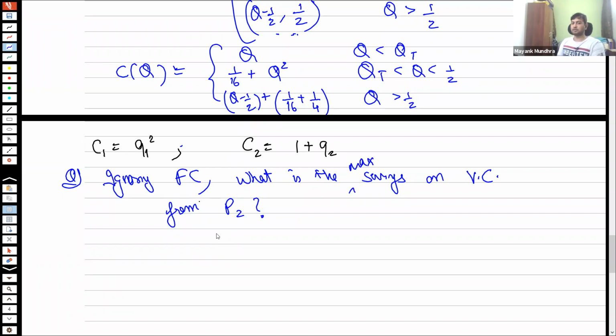What is the maximum savings that you can incur from plant 2? You don't need to solve here, by the way. Just think about it. Think about marginal costs, how they are behaving, and maybe the answer will appear.